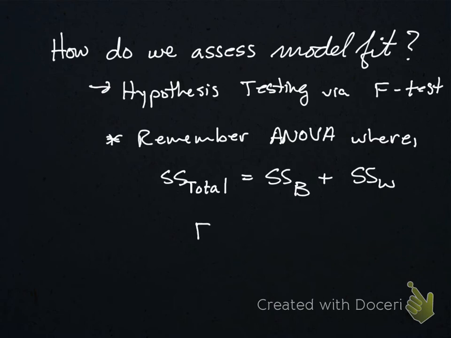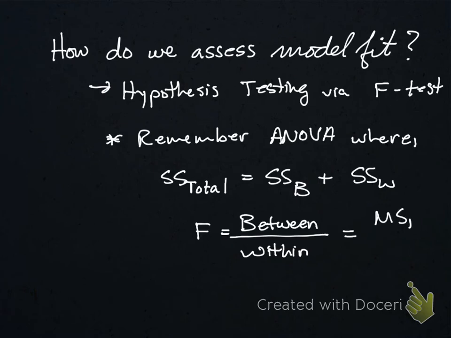That F statistic looks something like this. We had the between variance in the numerator, divided by the within variance in the denominator, and in actual statistical terms, we had the mean square between divided by the mean square within. That mean square between was just the sum of squares between divided by the degrees of freedom, so it's really just a variance calculation. And the same for the mean square within, the sum of squares within divided by the degrees of freedom within to get that variance term for the within effects.